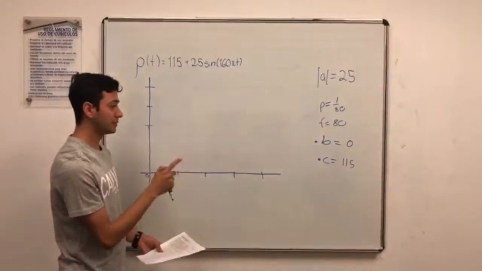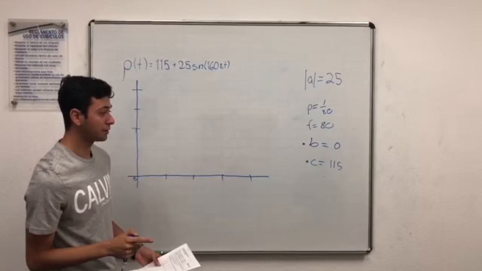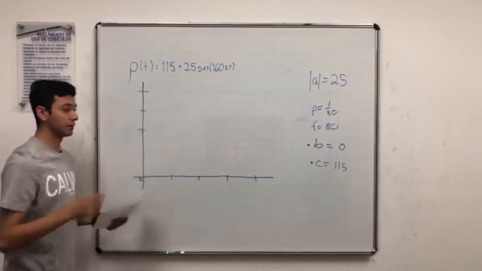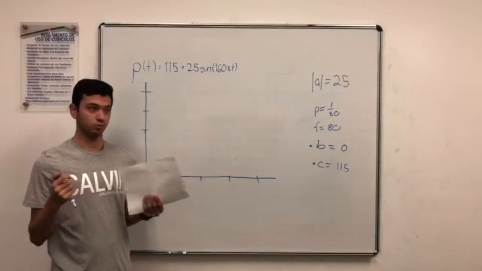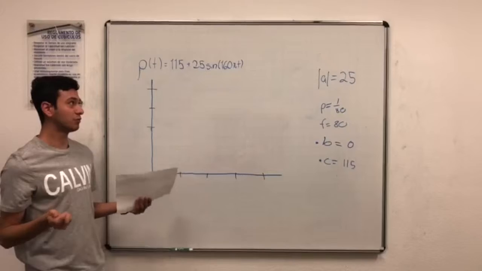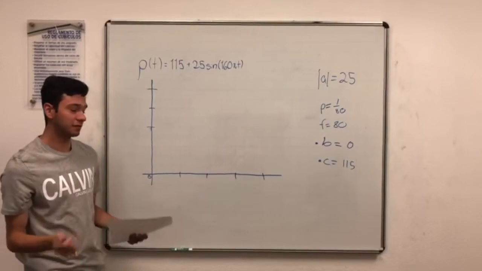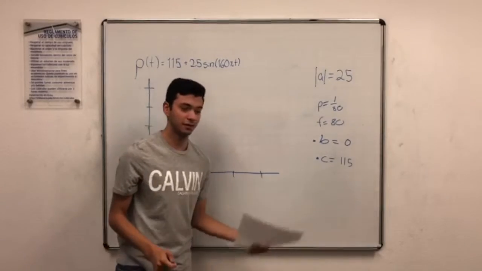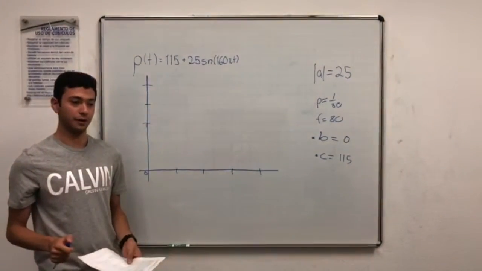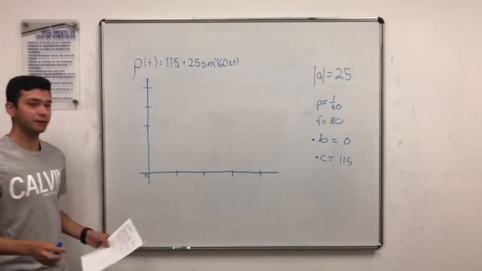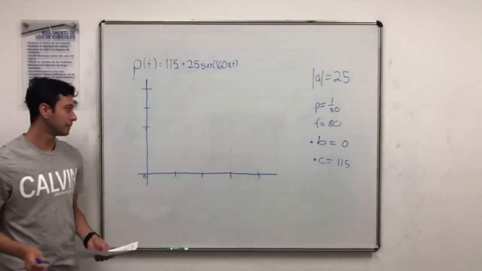And also we have that C is equal to 115. In the function, this position equals 115. So that's why here is 115, and it equals the new x-axis.